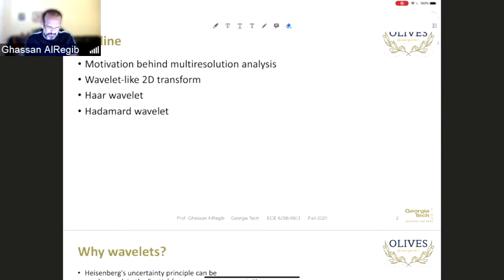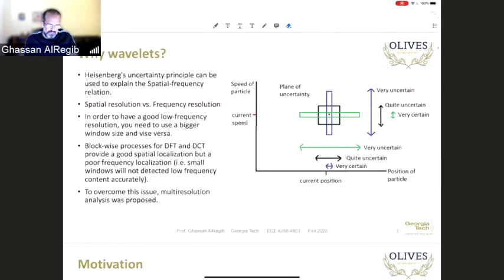wavelet. So why wavelets? If you look at the Heisenberg uncertainty principle, where the x-axis is the position of a certain particle and the y-axis is the speed of that particle, then if you are certain of the position, you are very highly uncertain in the speed, and vice versa.